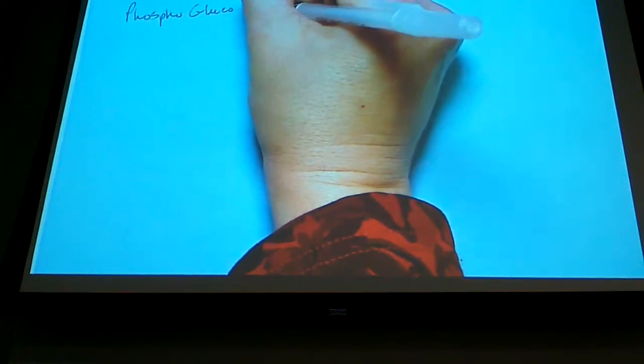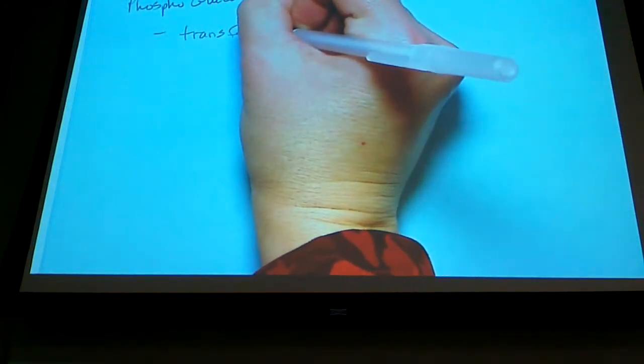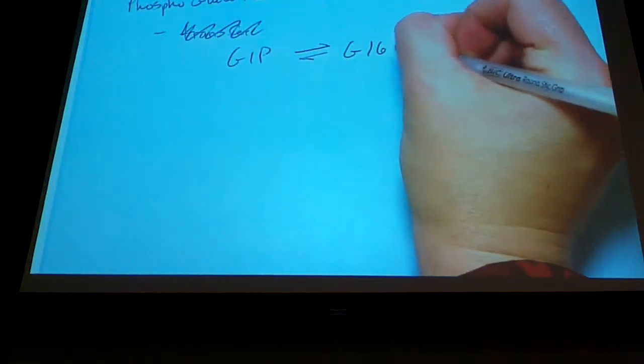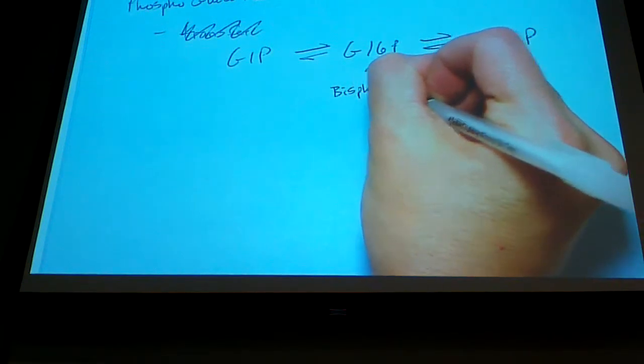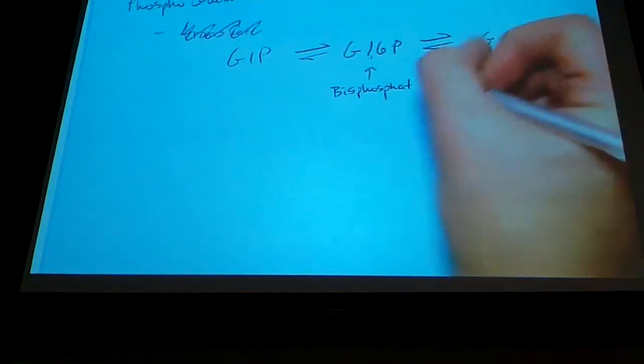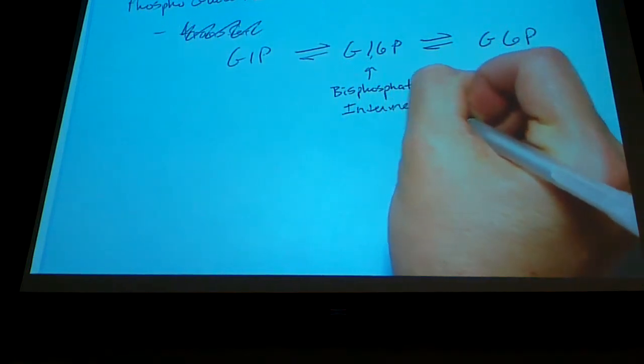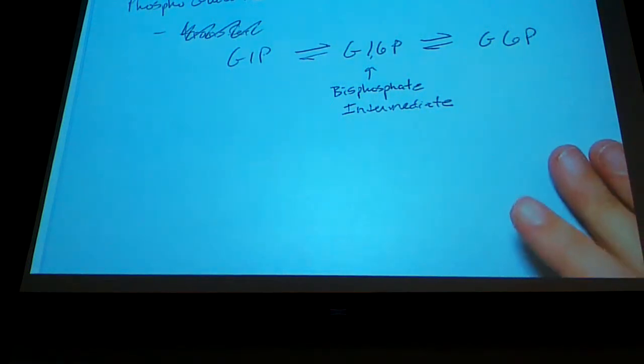Next, phosphoglucomutase. It transfers a phosphate from G1P to G6P, so it has a glucose 1,6-bisphosphate intermediate. It converts your 1-phosphate to a 6-phosphate.